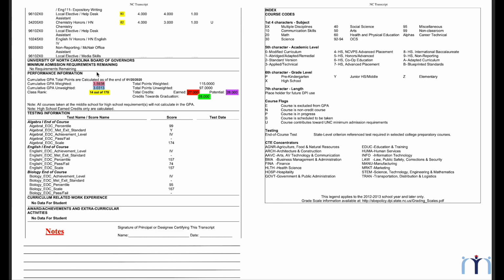The performance information section of the transcript includes their GPA, weighted and unweighted. You'll see that this is highlighted in red for the weighted GPA and blue for the unweighted GPA.